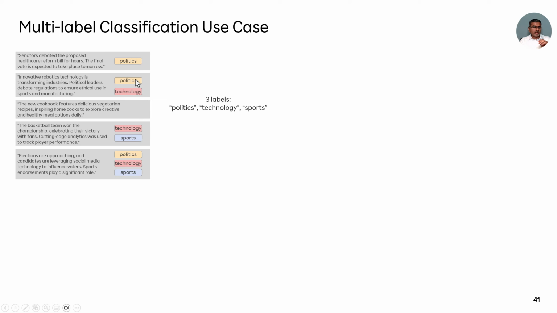So you're giving it a label of politics as well as technology. You could have also given it a label of sports, but that's fine, you're given these two labels. Then you have another article and you're not assigning it any labels, and so on. So potentially there are three labels: politics, technology, and sports.